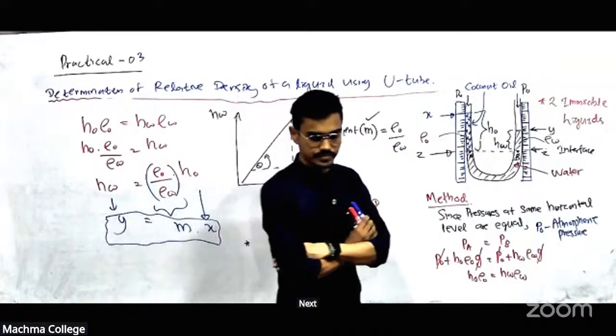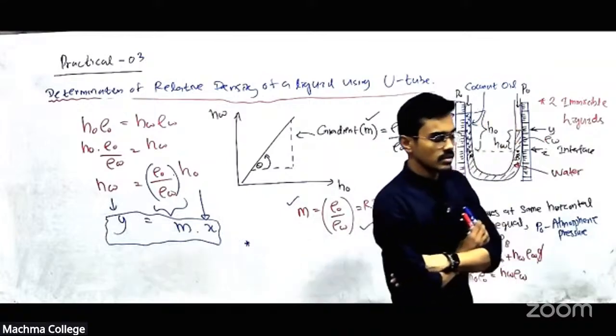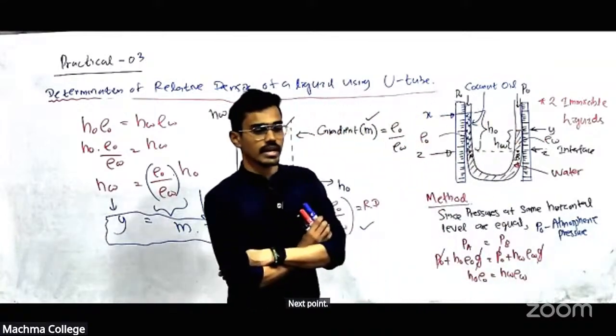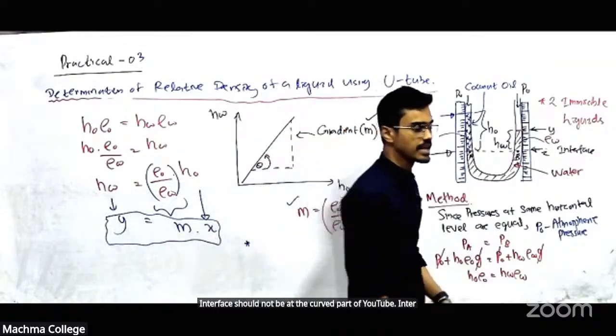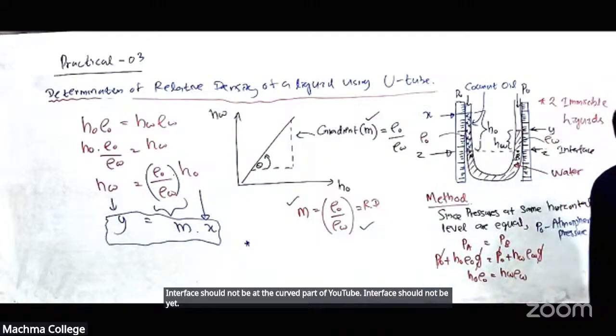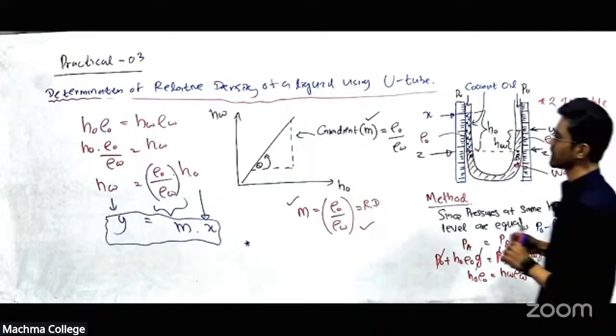Next point. Interface should not be at the curved part of U-tube. Limbs. Have you not heard the word limbs?